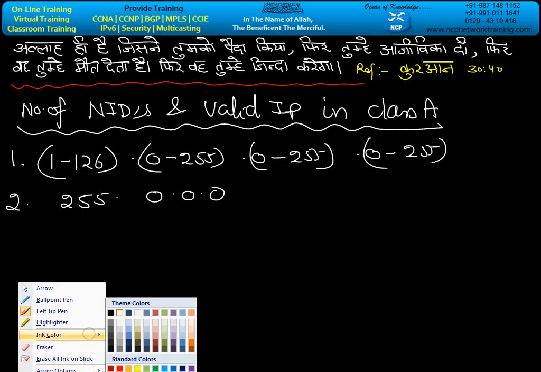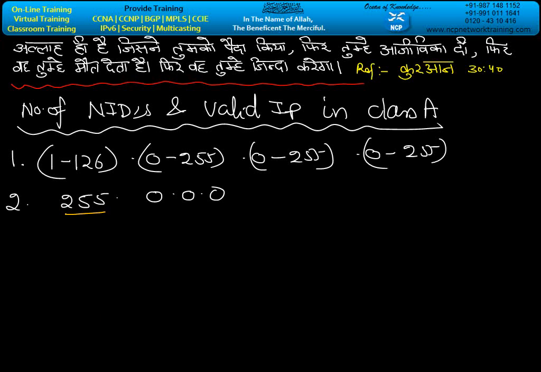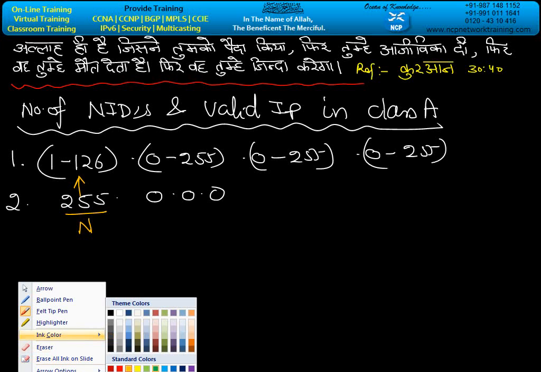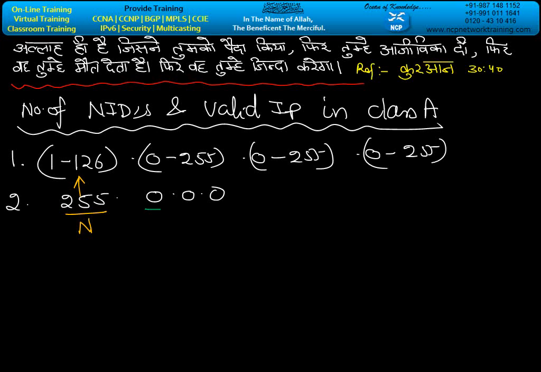The 255 indicates network bits, and the first octet belongs to the network. 0.0.0 represents the host portion or host field, which means the second, third and fourth octets belong to the host. Only the first octet belongs to the network.